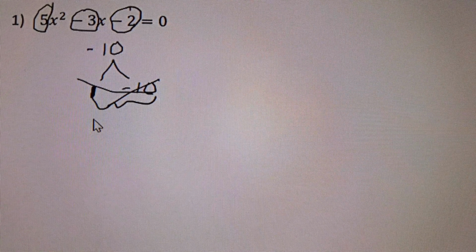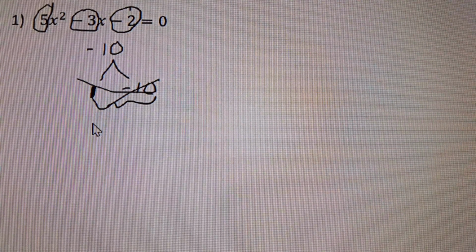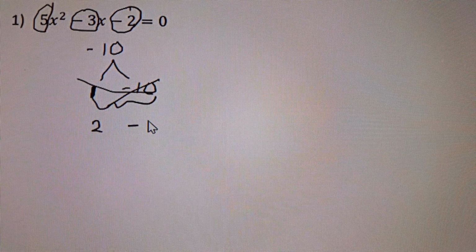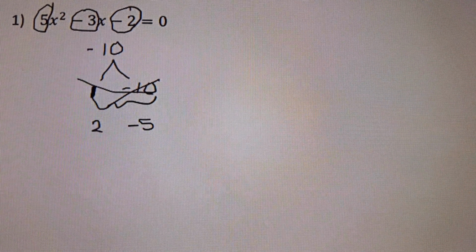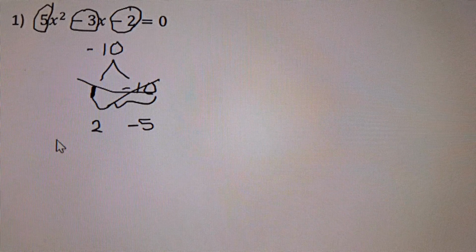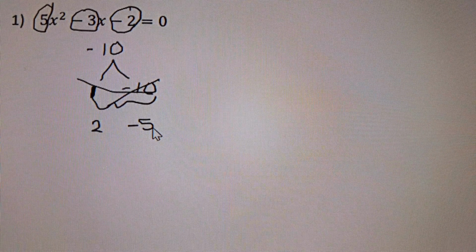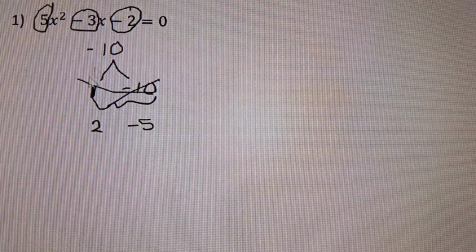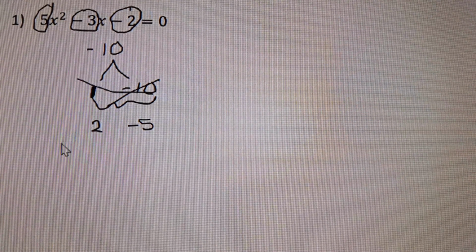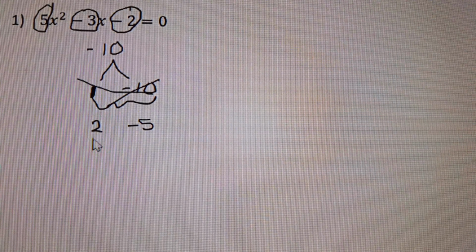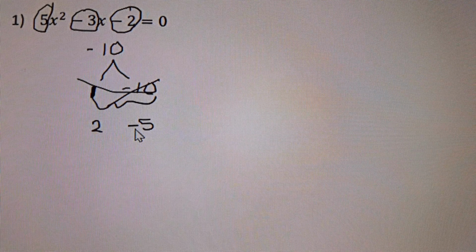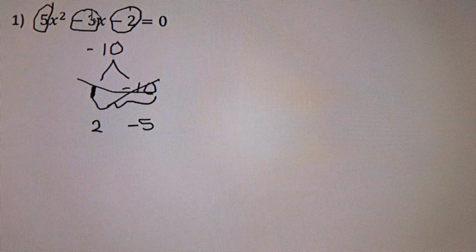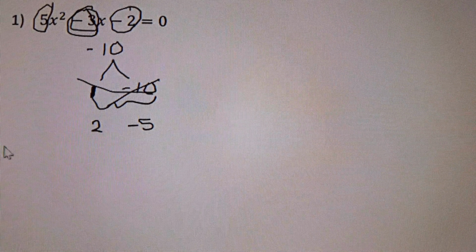Let's continue. How about 2 times minus 5? Well, 2 times minus 5 gives you minus 10, doesn't it? Good candidate. And when we add them, 2 minus 5 gives you minus 3. Bingo.